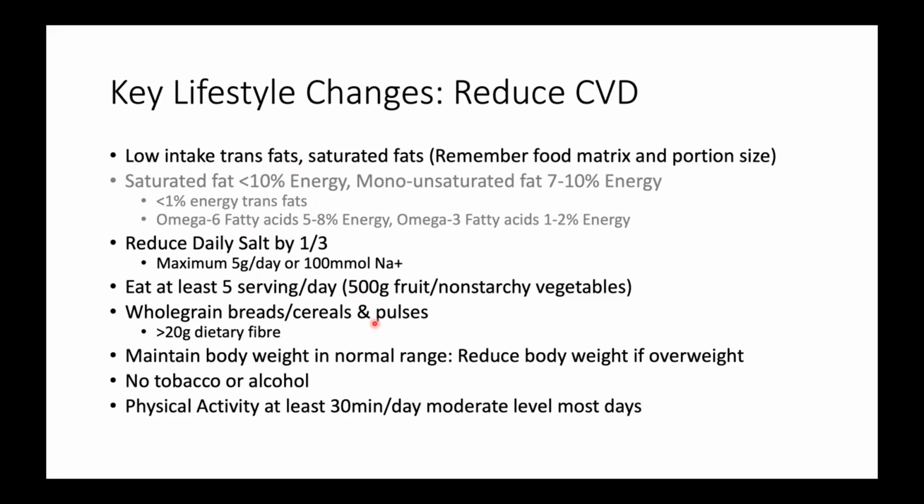Total calorie intake should be curtailed. Dietary fat should be restricted. We ask him to maintain body weight in the normal range, with BMI less than 22. No tobacco or alcohol, and physical activity for at least 30 minutes per day, of moderate level, on most days.